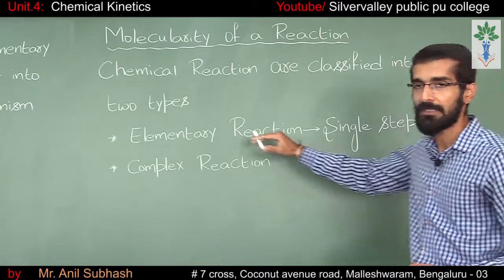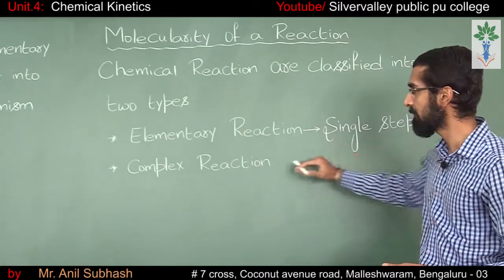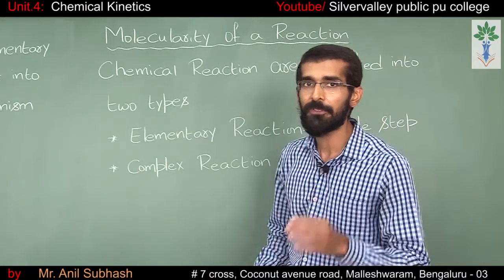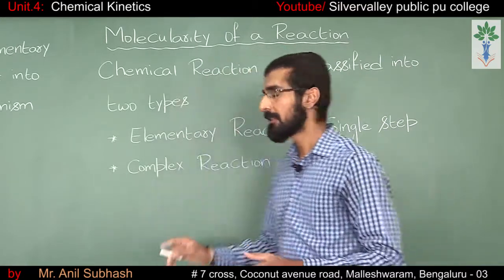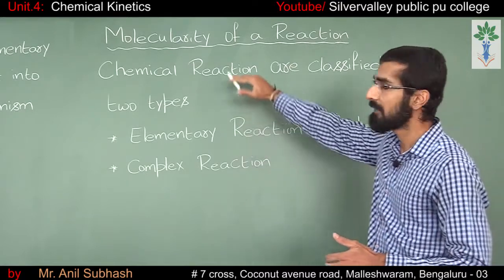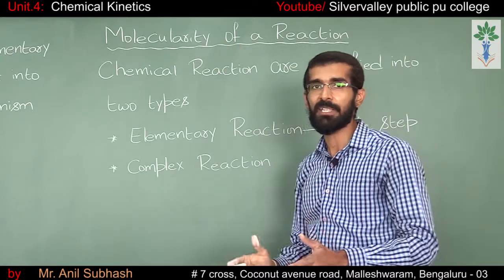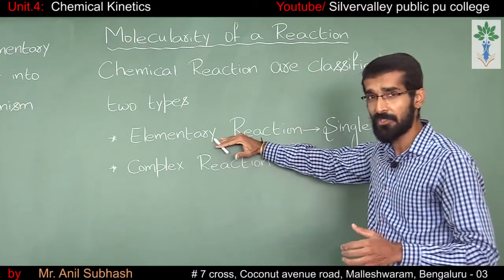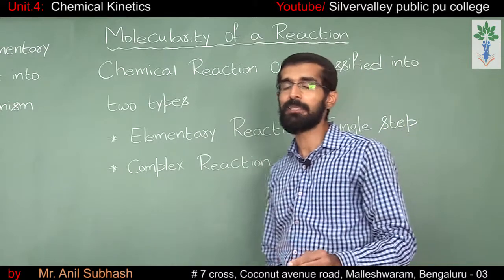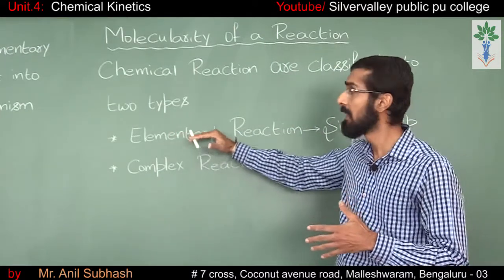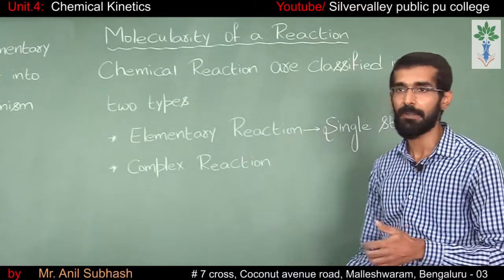The reaction that occurs in a single step is known as an elementary reaction, and the number of reactant molecules taking part in the elementary reaction is the molecularity of that particular reaction. For an elementary reaction, the number of reactant molecules participating in it gives the molecularity.